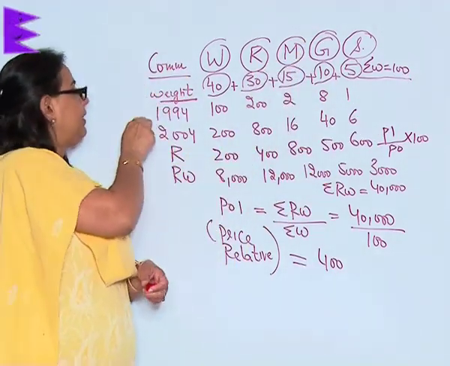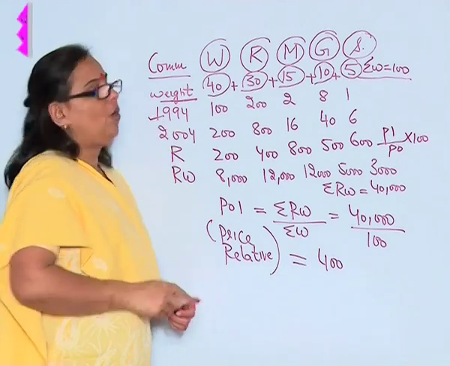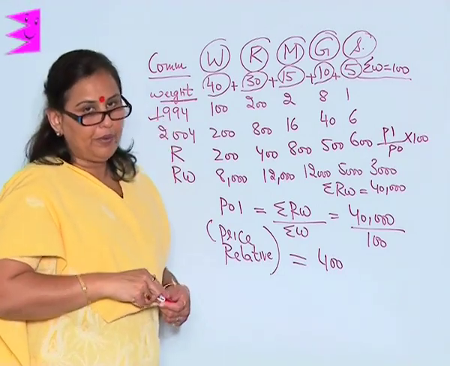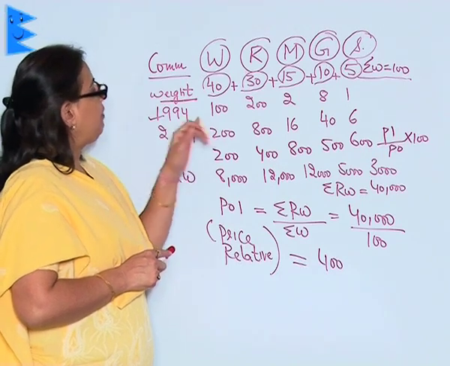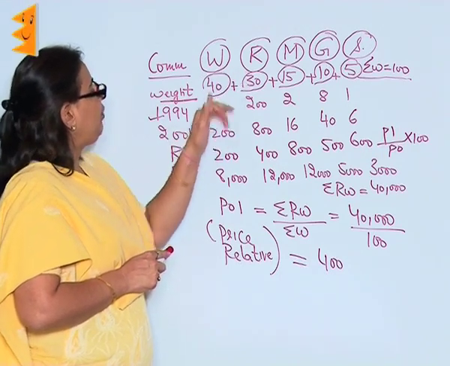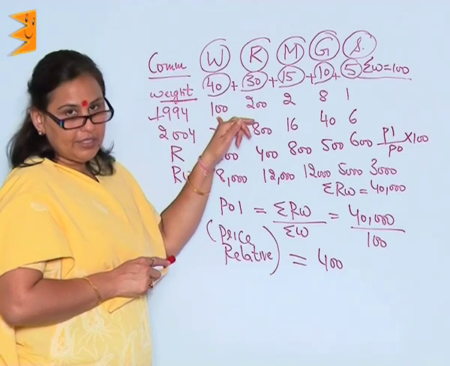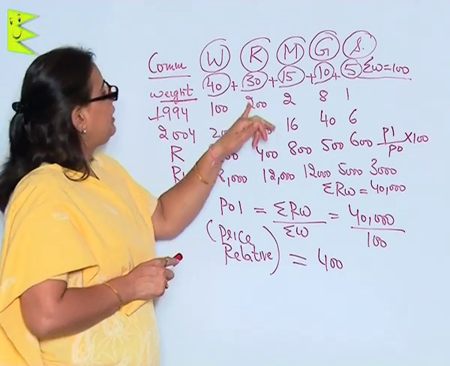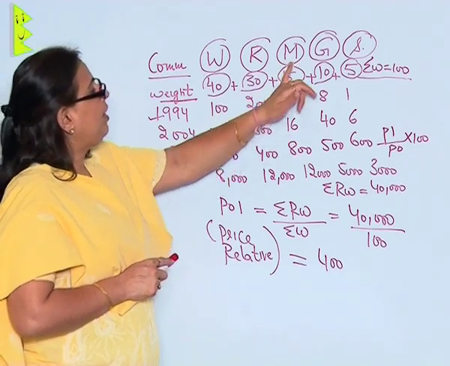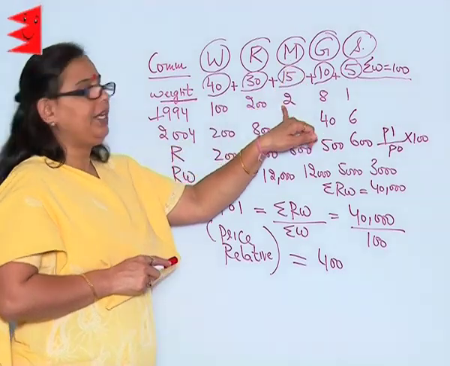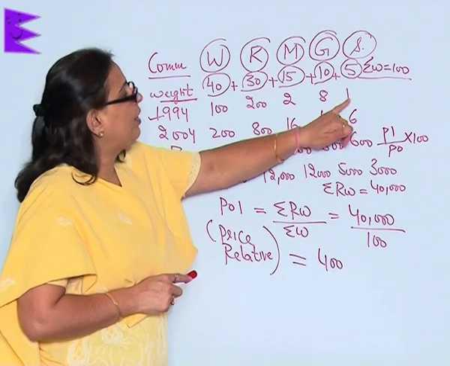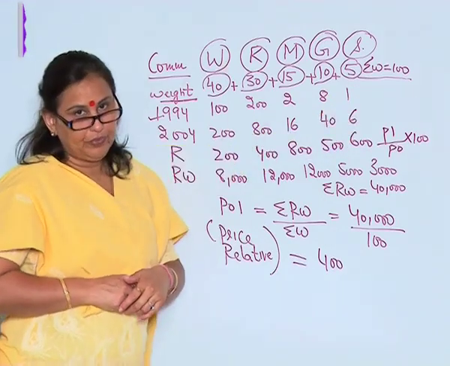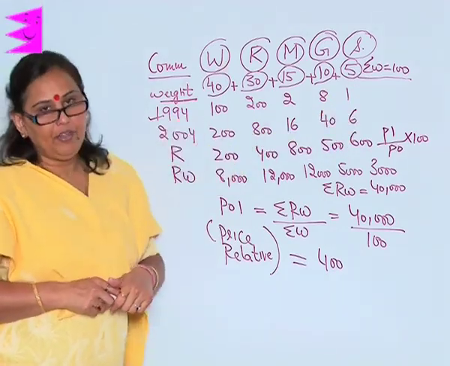The next is the prices that have been given for 1994. Wheat was sold at 100 rupees a quintal, rice at 200 rupees a quintal, milk at 2 rupees a liter, ghee at 8 rupees a kg, and sugar at 1 rupee a kg. This was in 1994.